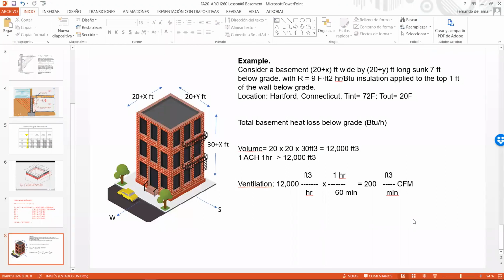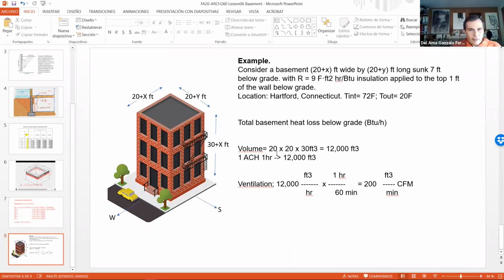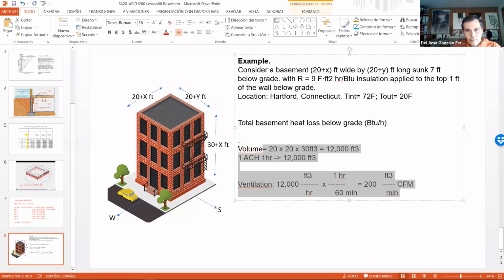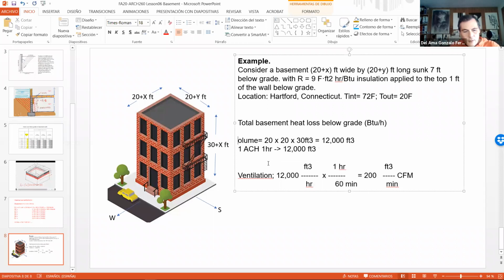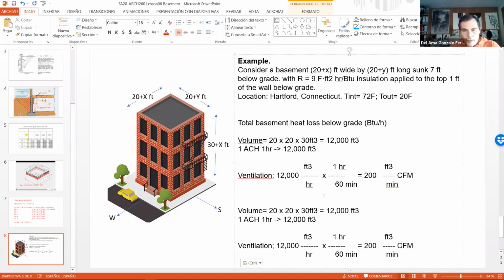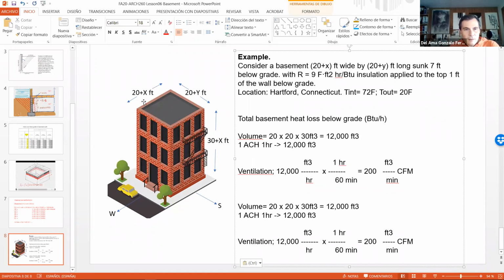Yes. Okay, so imagine that the volume of this building is not 20, it's 25 times 23 times 35.